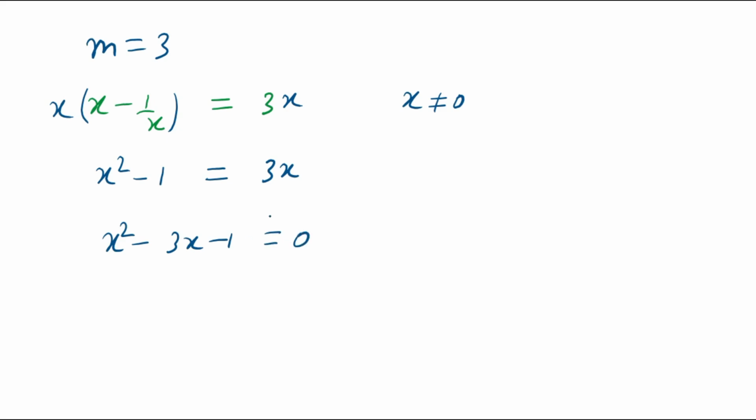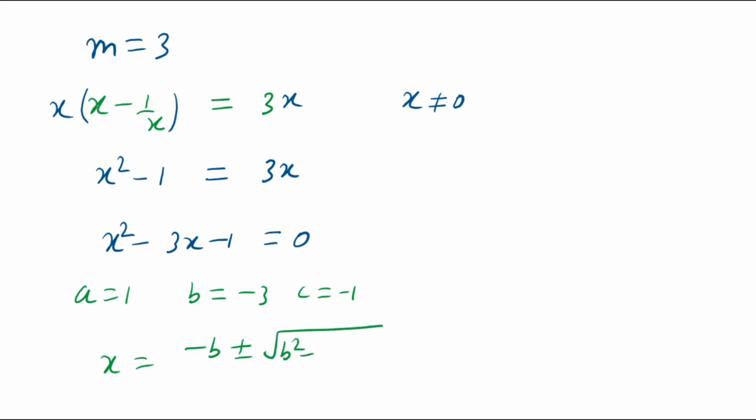Here we will apply the quadratic formula. The value of a is 1, b is -3, and c is -1, and x = (-b ± sqrt(b^2 - 4ac)) / 2a.